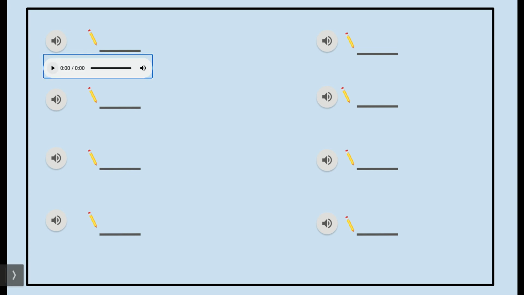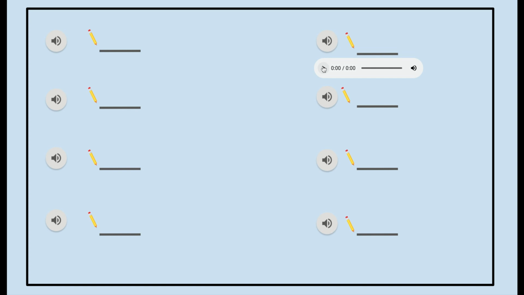N. Here's the second sound. Here's the third sound. Number 4.